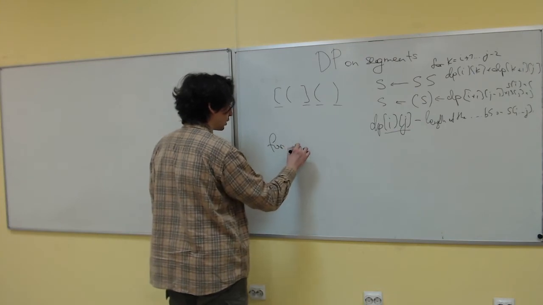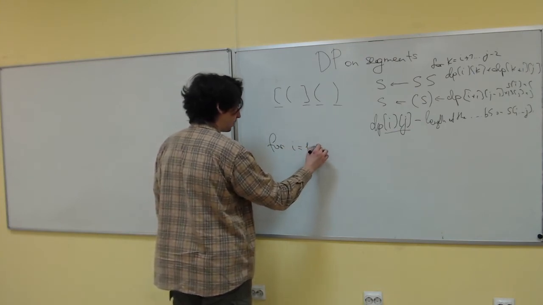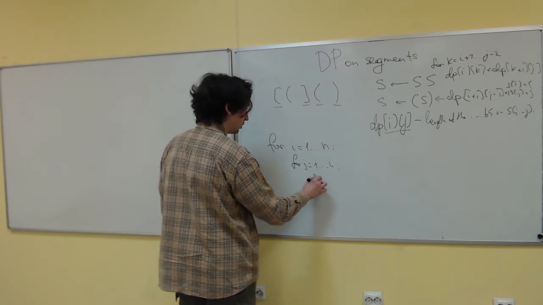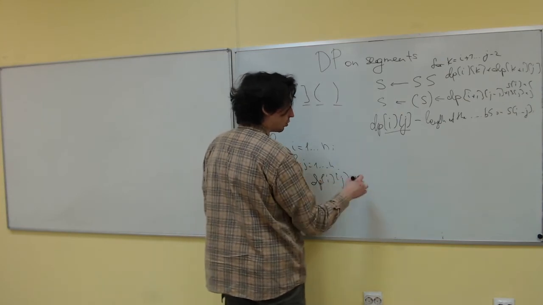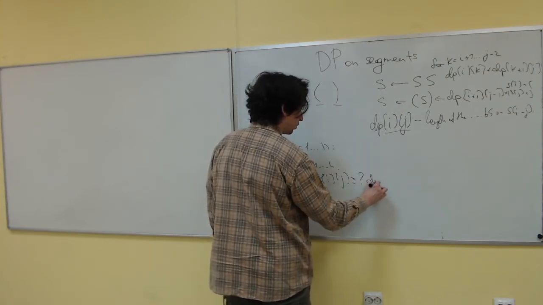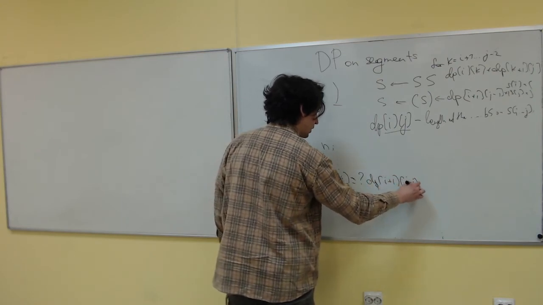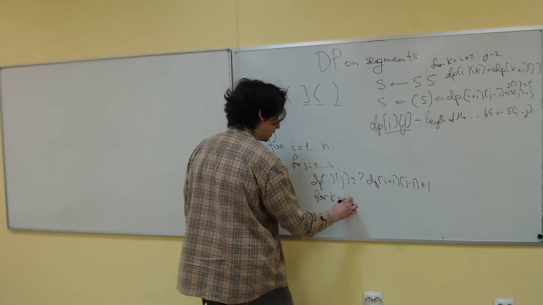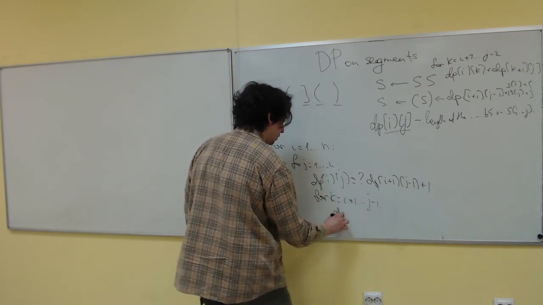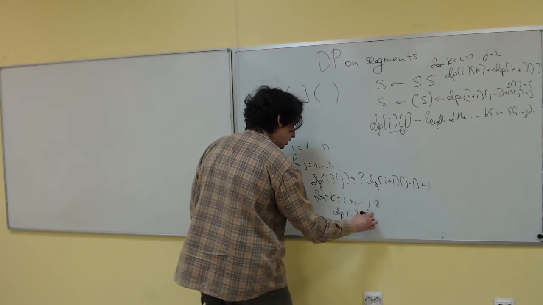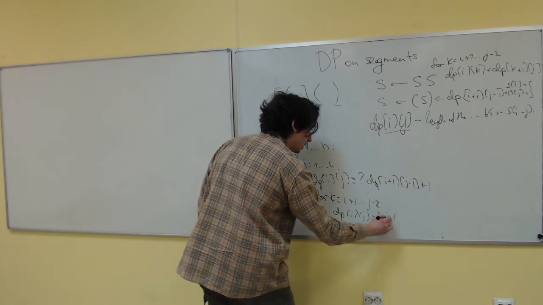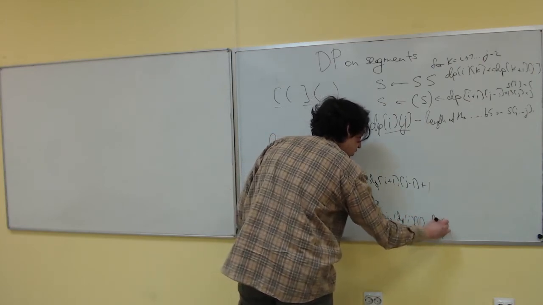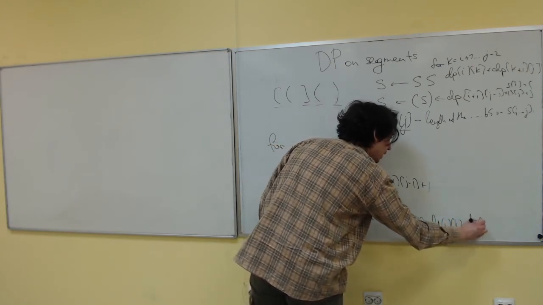Like how you will typically do that, right? So for i from 1 to n, for j from 1 to n, dp[i][j] conditionally equals dp[i+1][j-1] plus 1, or we can, for k from i plus 1 to j minus 2, set dp[i][j] equal to the maximum of dp[i][j] and dp[i][k] plus dp[k+1][j].